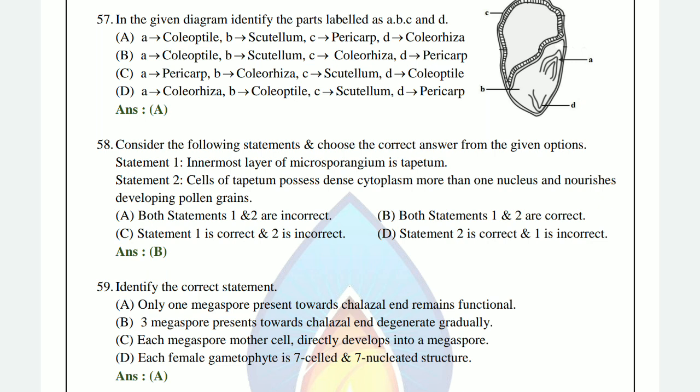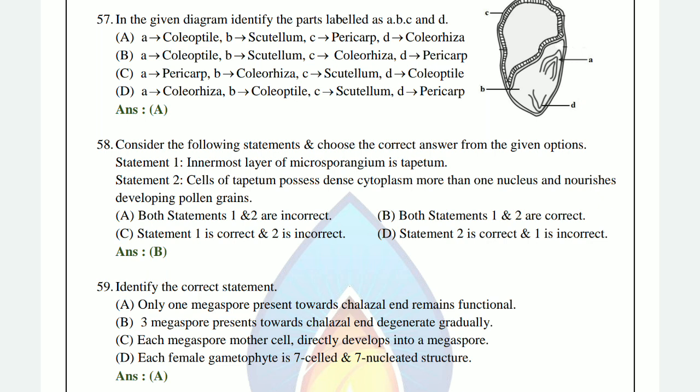The statement 1 is innermost layer of the microsporangium is tapetum, and statement 2 is cells of the tapetum possess dense cytoplasm, more than one nucleus and nourish developing pollen grains. The correct option is option B, that is both statement 1 and 2 are correct.